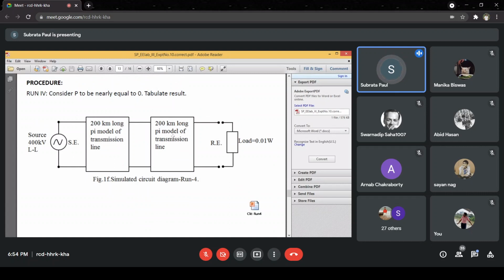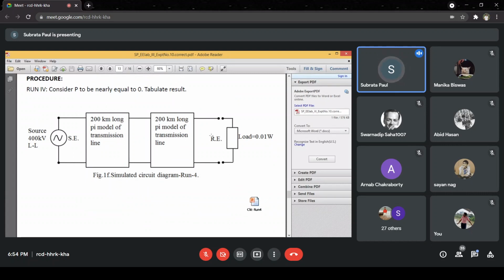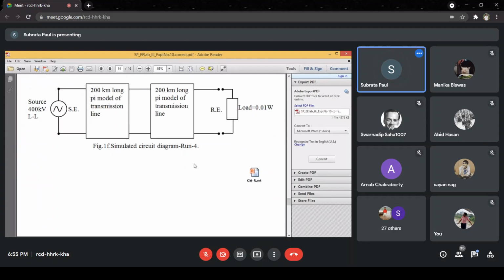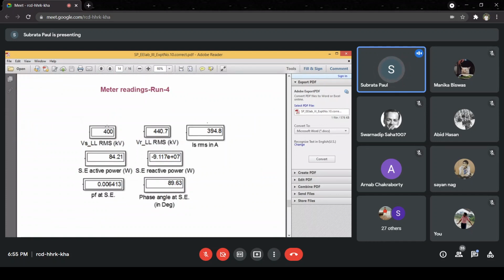Now run 4 is at no load condition. No load condition means open circuit, and the simulation cannot be done with that. Therefore a very small amount of load, 0.01 watt, just negligible, almost open circuit or no load condition. And at no load condition you see, due to Ferranti effect, a much increased receiving end voltage.